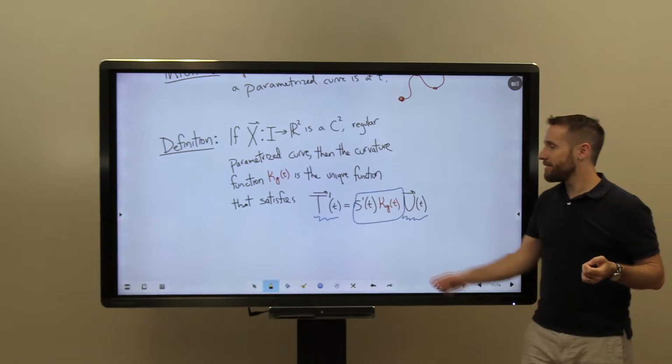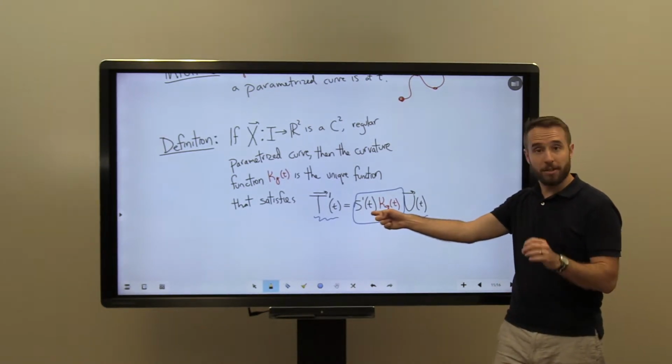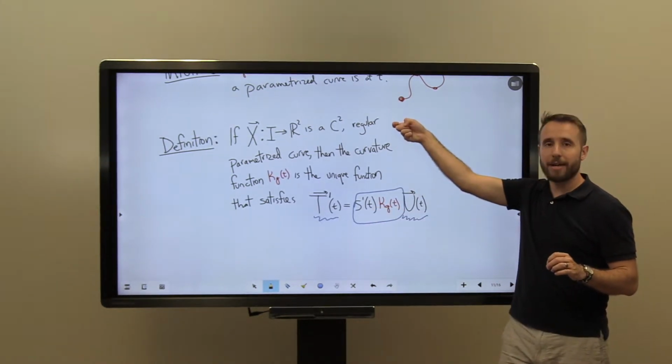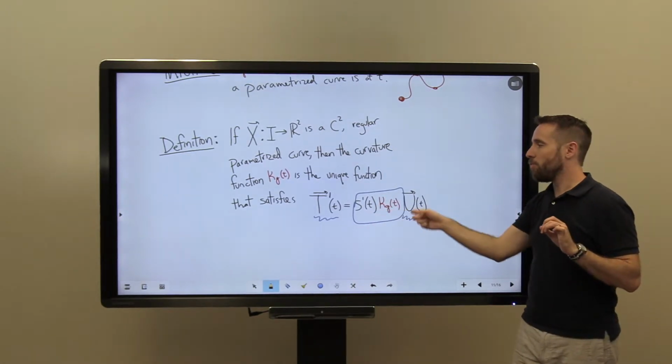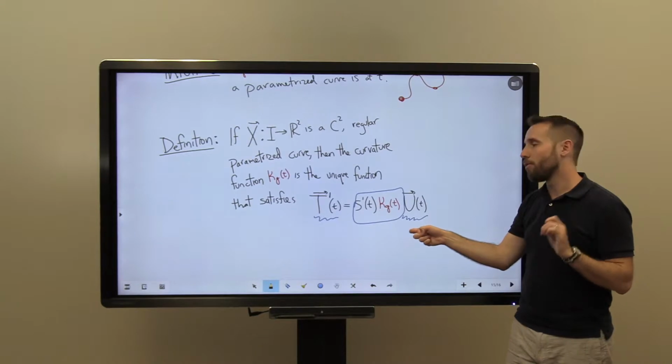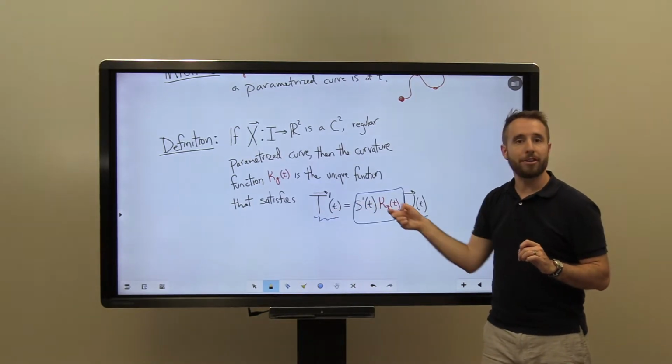Because s prime will not equal 0, because our x is regular, we can uniquely determine what kappa should be in order to make this equation actually hold.